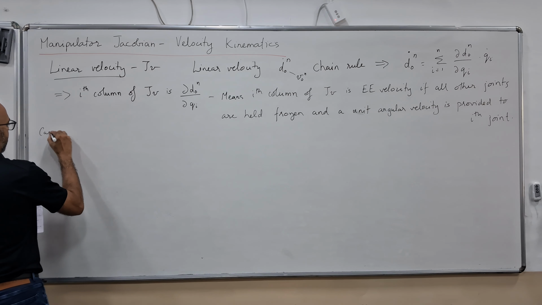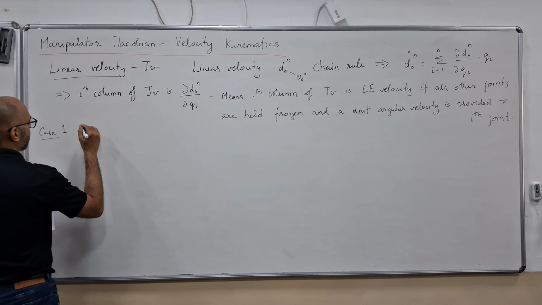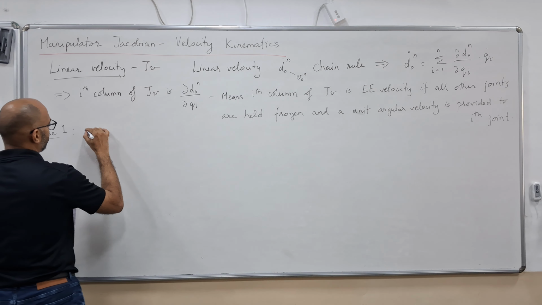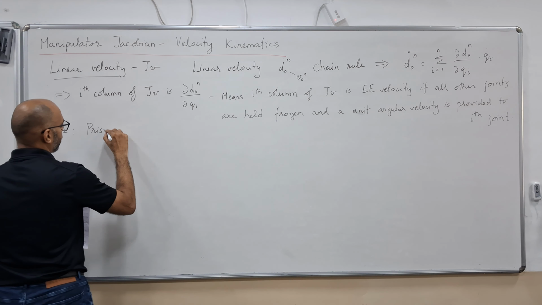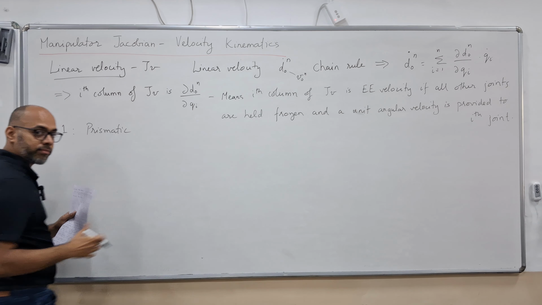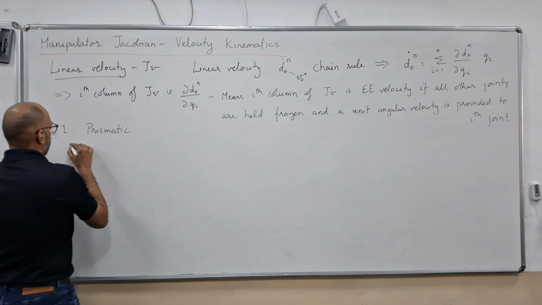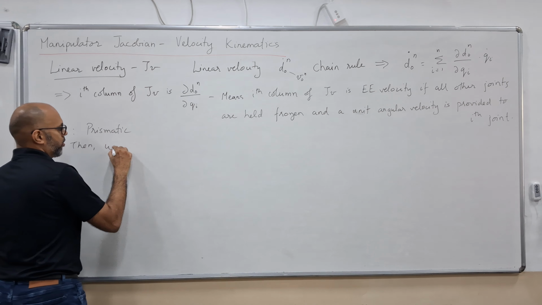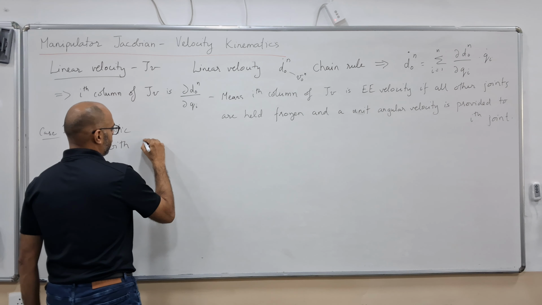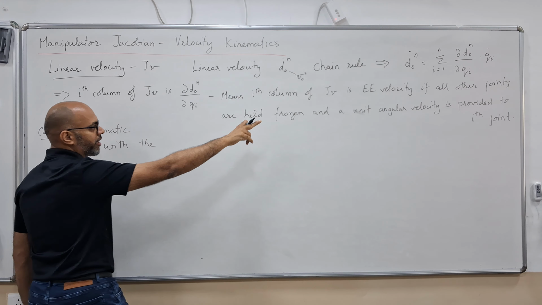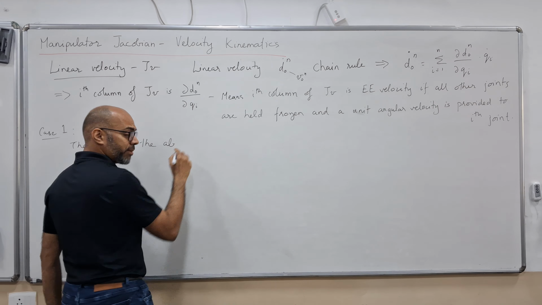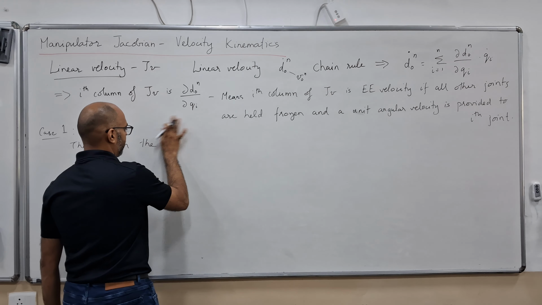And here we will have two cases. Case 1 is if the ith joint ended up being a prismatic joint. Then with the above assumption of all other joints being fixed, things become a little easier. Let's see in a second.